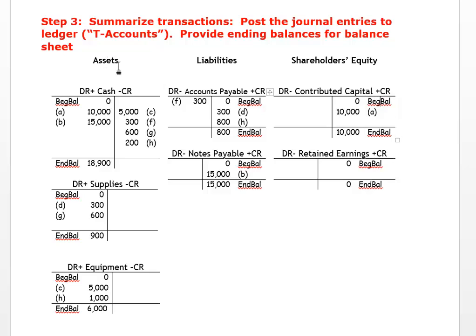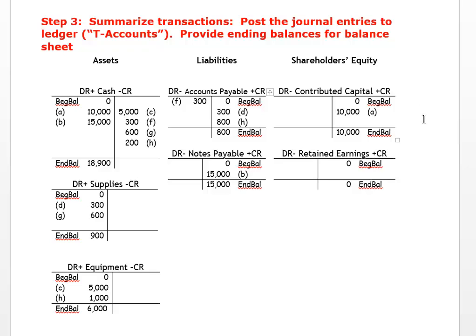But we debited cash when we got it in transaction A for $10,000, and we credited contributed capital, which was transaction A, for $10,000. So all we're doing is tracking it now through the T accounts to make sure we don't lose track of any journal entry and its effect on the accounts, because we want to be able to summarize these accounts to come up with a balance.